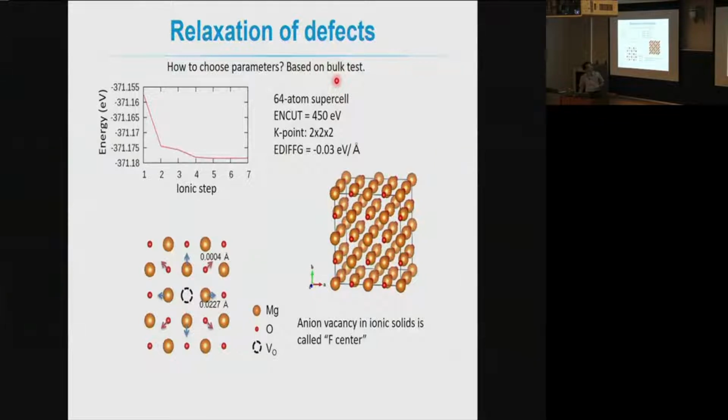So we use a similar cutoff energy, but sometimes, very rarely, you have to change the cutoff energy. As a first choice, you can take the cutoff energy that you have obtained from the bulk test.